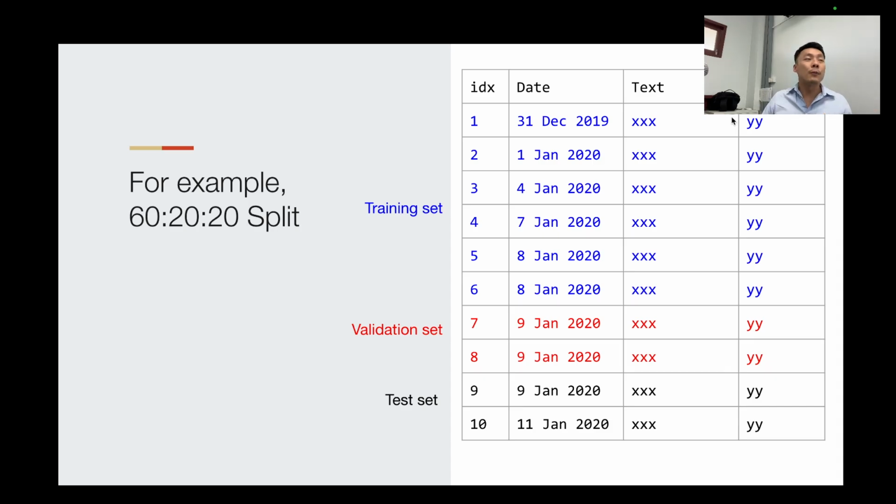So for example, we will split it something like 60, 20, 20, or 80, 10, 10, or 70, 15, 15. There's no real answer to how you should do it. But the training set should be the largest, because then it has the chance to perform well. The more samples it gets, the better. That's the rule. And the validation set and test set should be large enough that you can see whether they perform well or not.